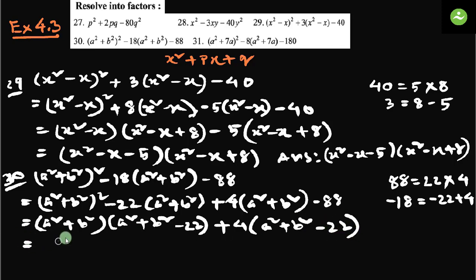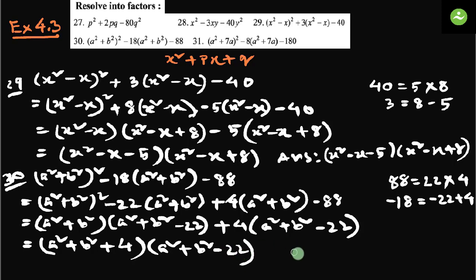So two factors we get, one is a square plus b square plus 4 and the other one a square plus b square minus 22. And that is the answer, a square plus b square plus 4, a square plus b square minus 22.